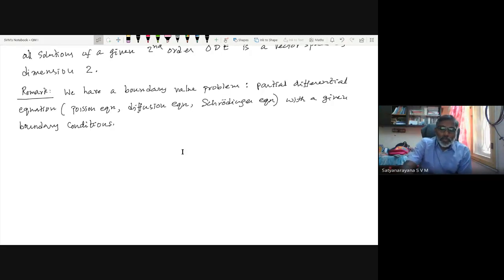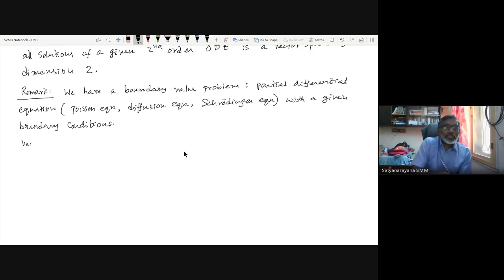Whenever there is a vector space structure for the set of all solutions, then mathematically handling such equations and boundary value problems will always be easier. So some problems we can solve, some problems we cannot solve.